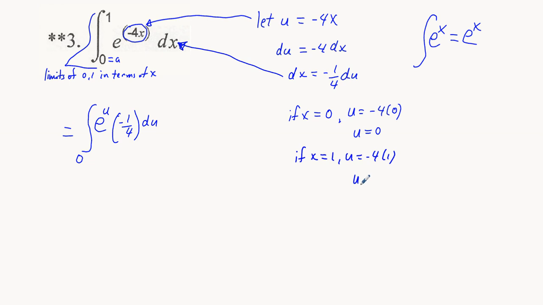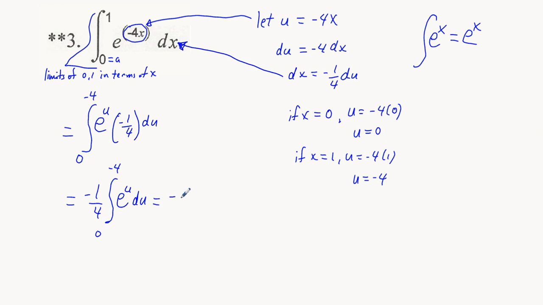So u would be negative 4. And so now we can replace this other limit with negative 4. And working below, I'm going to take this negative 1/4 out front, and we're going to have the integral from 0 to negative 4 of e to the u power du. And then we'll have a very simple integral like we showed at the beginning.